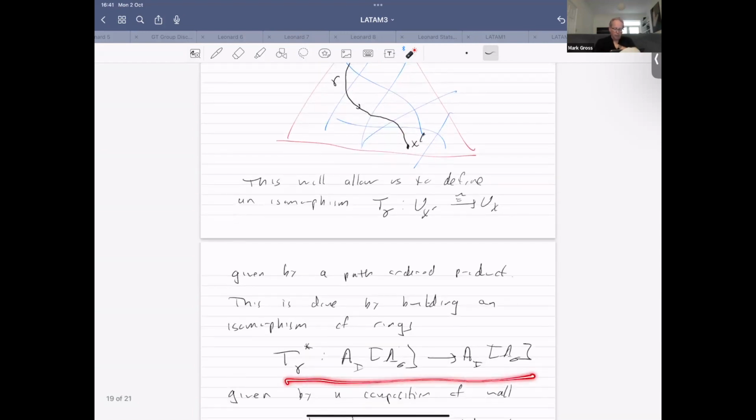That gives us the map between rings, which then gives a map between the spectra, between the corresponding affine schemes. And that, of course, reverses the direction. So I'm going to go from UX prime to UX. Okay, so that defines these transformations.